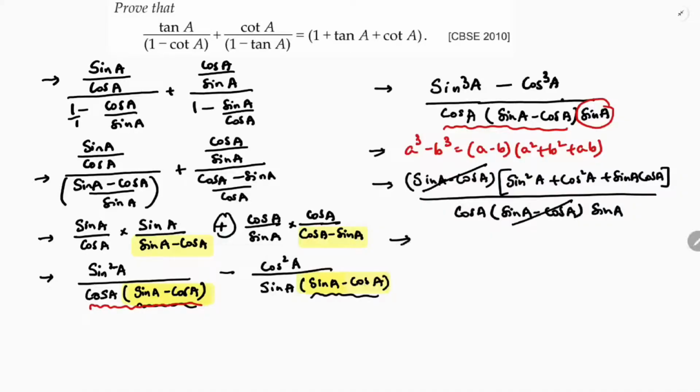Now, if you want this answer, in a hurry just don't write sin square plus cos square as 1, just write it as it is.